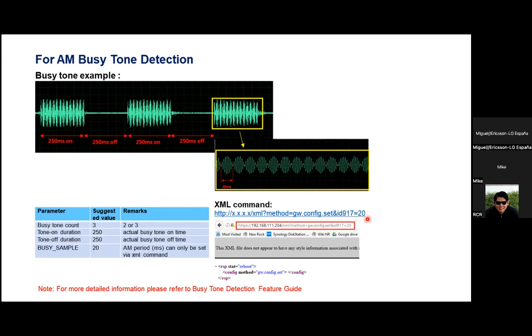And of course, we can set 20. After that, you need to set this on the BC tone count, then on duration, and in the URL set this to 20. By doing so, we can also detect the BC tone on your device.